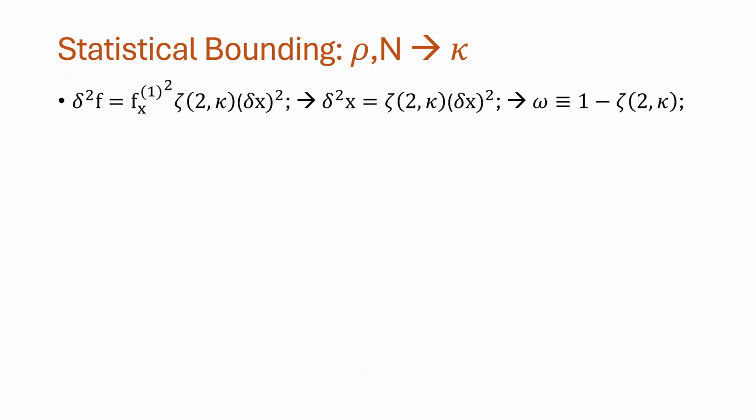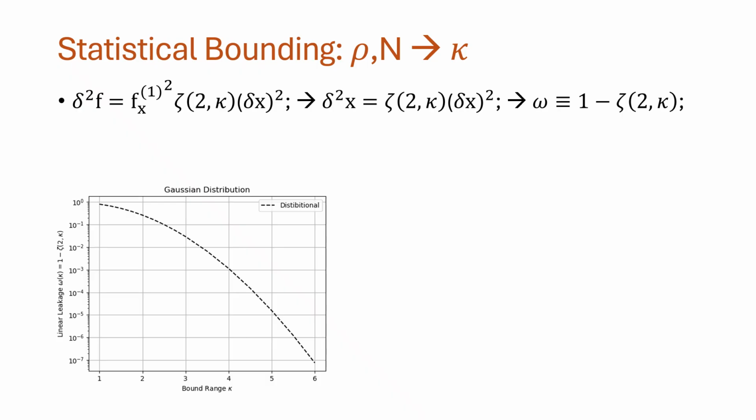Here, zeta 2 kappa is 1 when kappa is infinite, and less than 1 when kappa is not infinite. We can define the linear leakage as 1 minus zeta 2 kappa. Here is an example of the linear leakage for a Gaussian distribution. It decreases rapidly with the bounding range kappa.